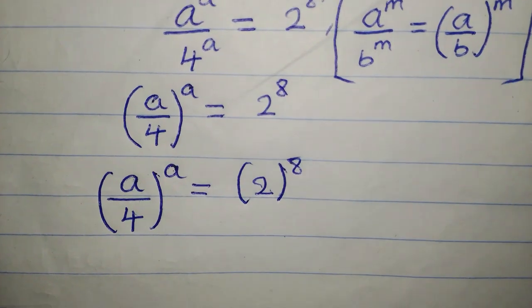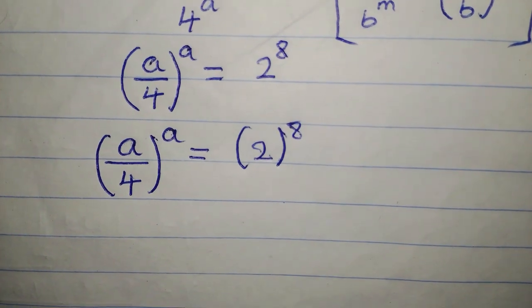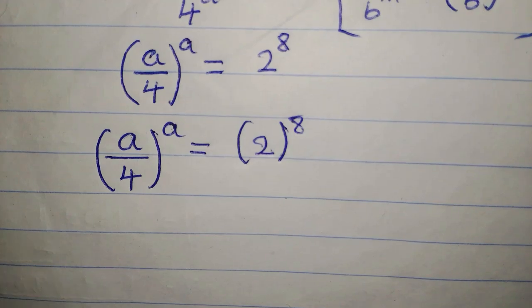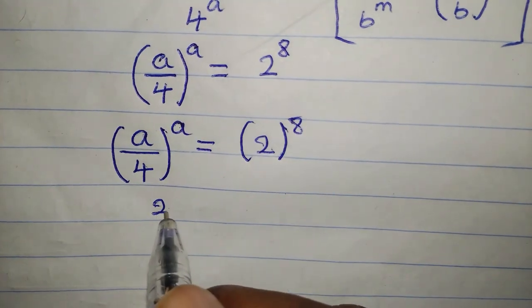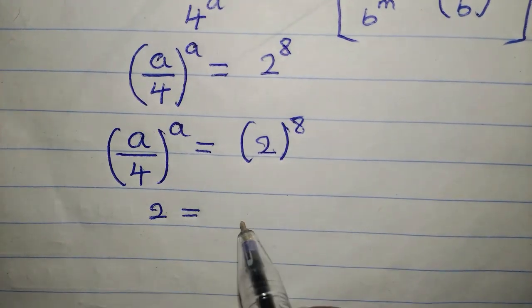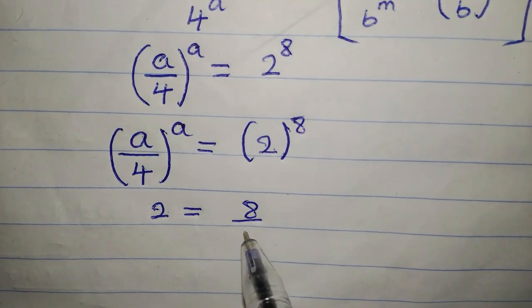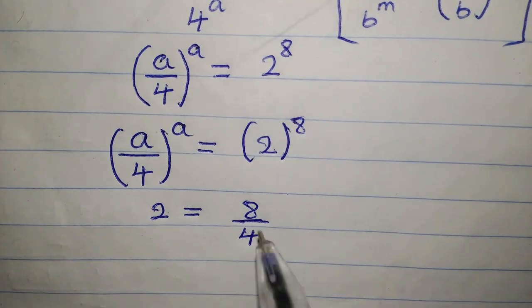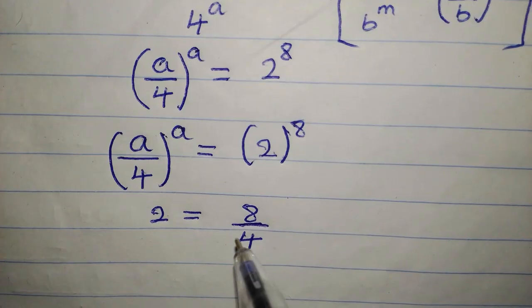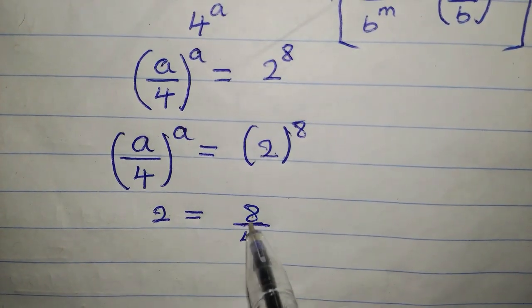If you have to solve further, we can say 2 is also equal to 8 divided by 4. So in the place of 2, we put 8 divided by 4.